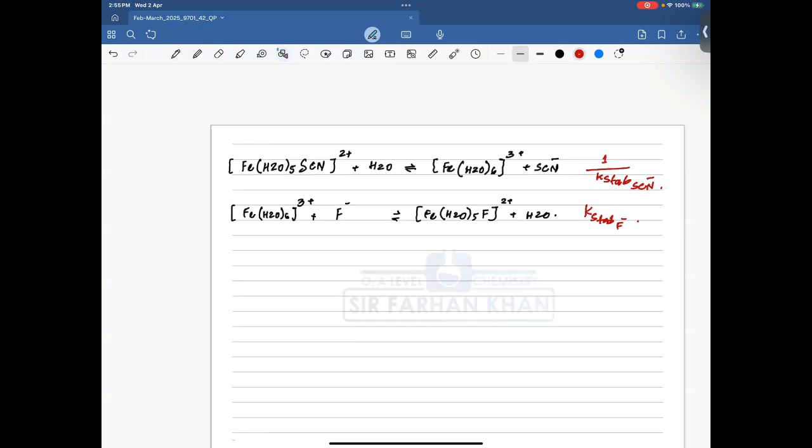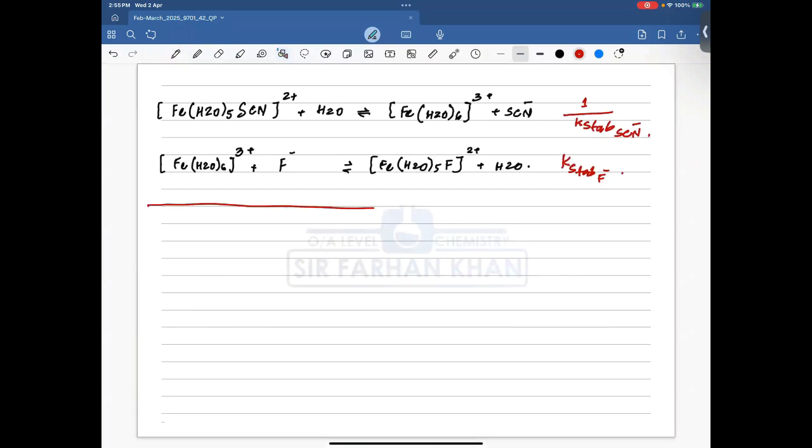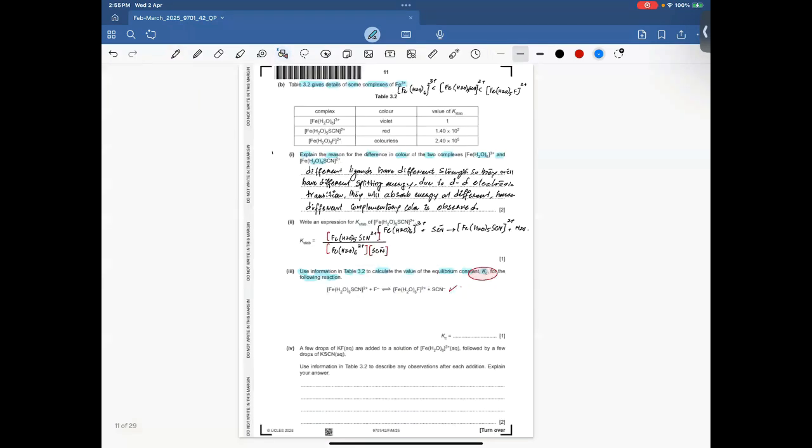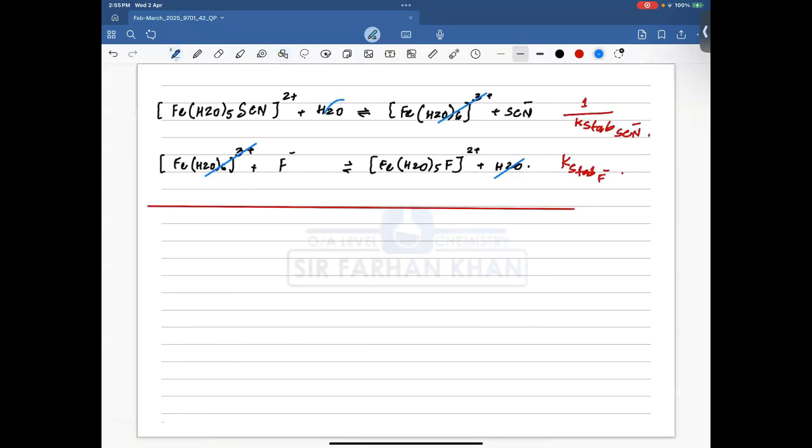Let me merge these two equations. We know that these two cancel out with each other. So the final equation would be like this.